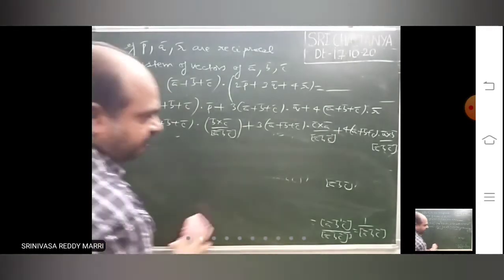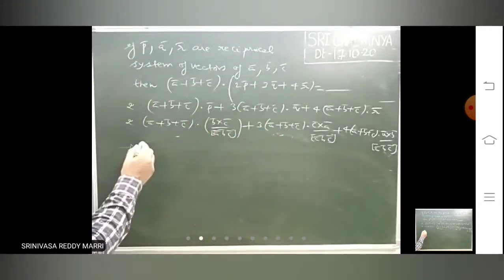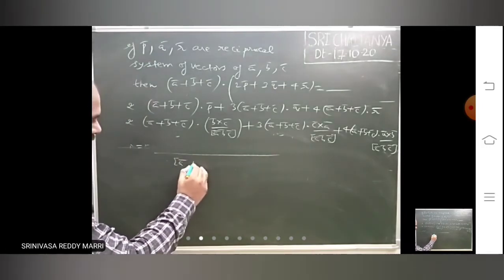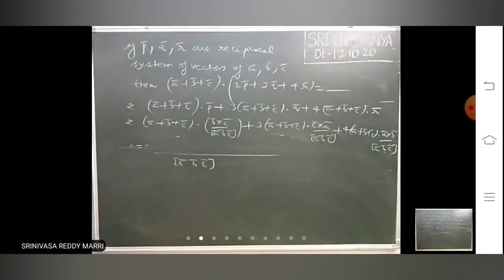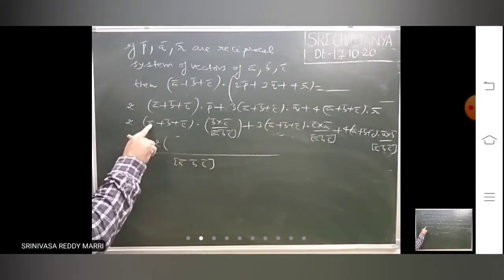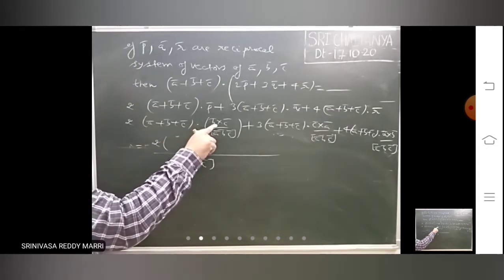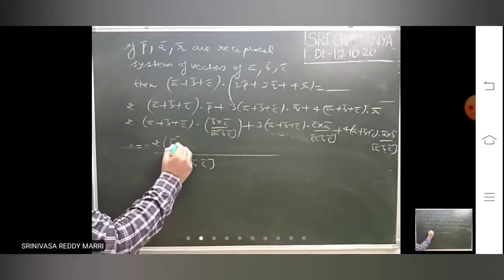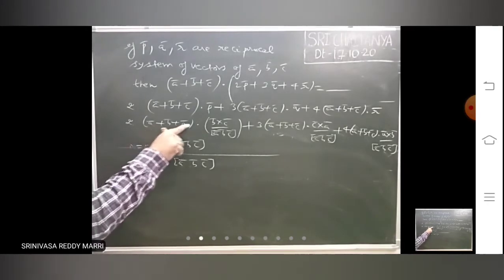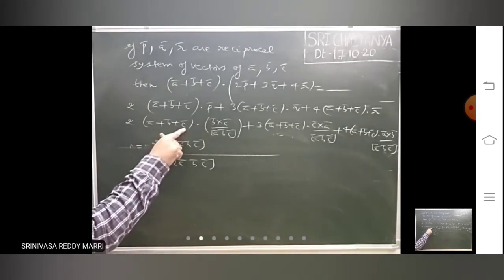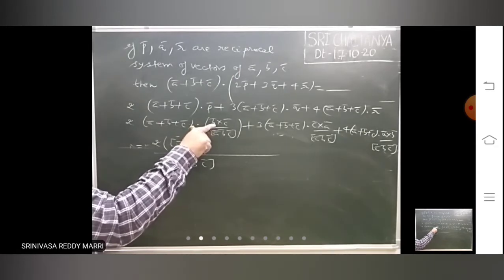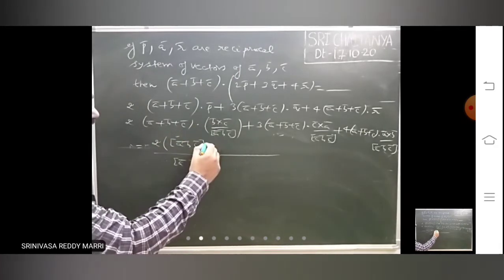Now 1 by box ABC is a scalar, so completely you will get it outside. Now 2 into, look, A dot B cross C, that is box ABC. Remaining, B dot B cross C is 0, box of B bar, B bar, C bar is 0. C dot B cross C is 0.